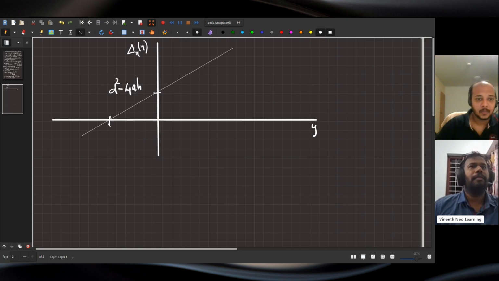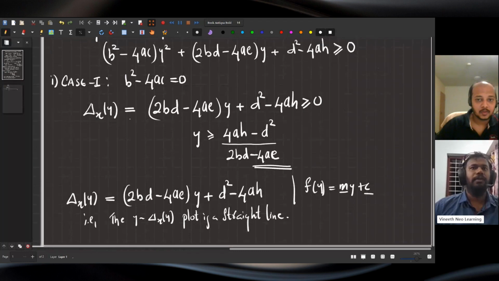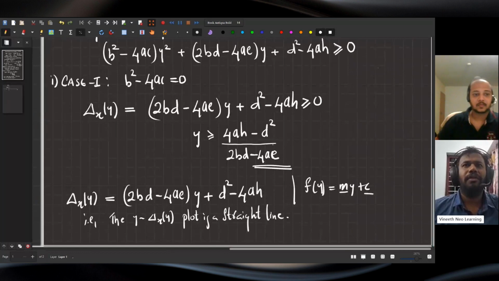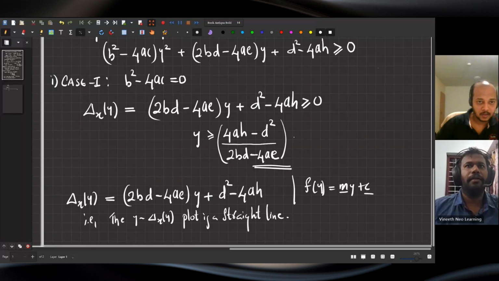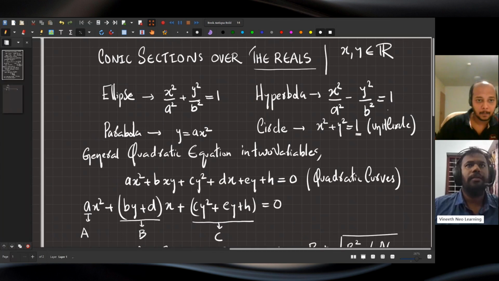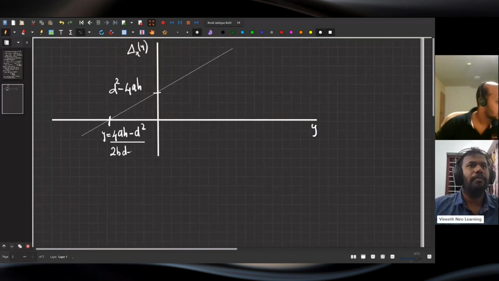This is the point where delta x of y is equal to 0. We can find it from this equation. It will be 0 when y equals 4ah minus d squared over 2bd minus 4ae.